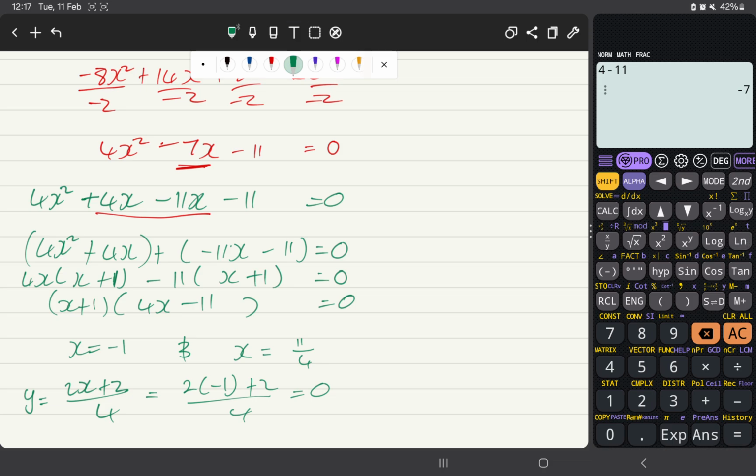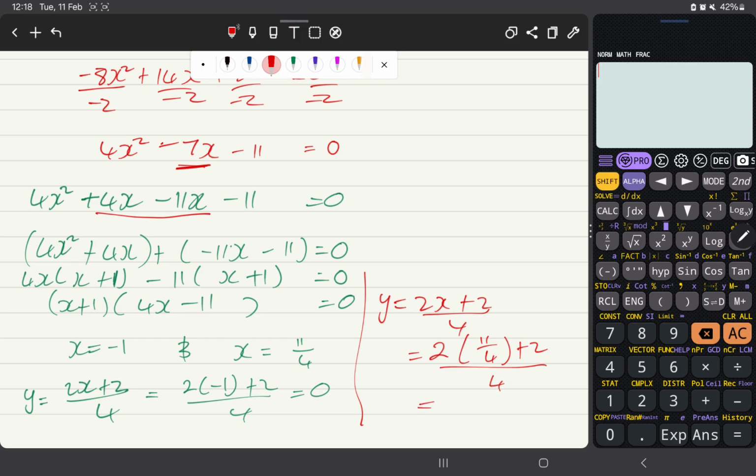I substitute again: y equals 2x plus 2 over 4, that is 2 times 11 over 4, close brackets, plus 2, divided by 4.